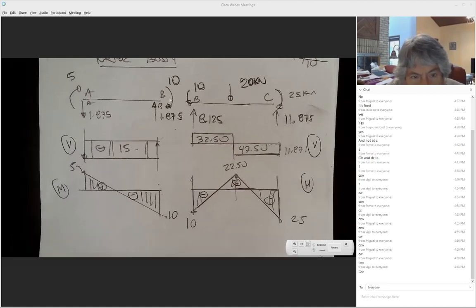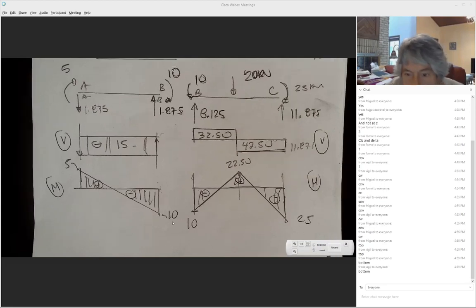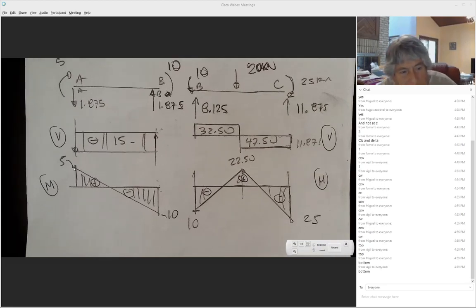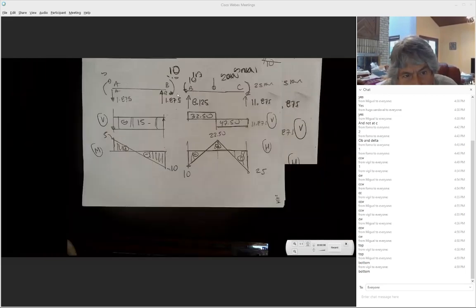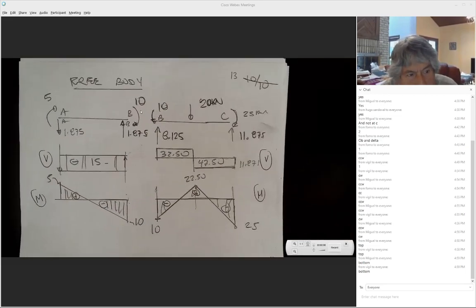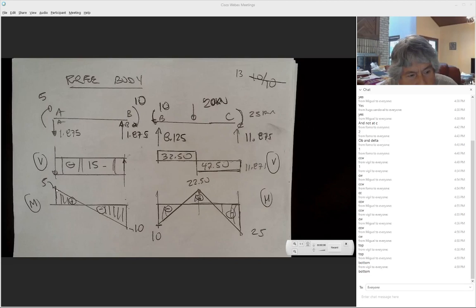This one. Compression, top or bottom? Bottom. That's what we had. And look, 5 minus 15 puts us at 10. Exactly what we had in here. 5 minus 15, 10.